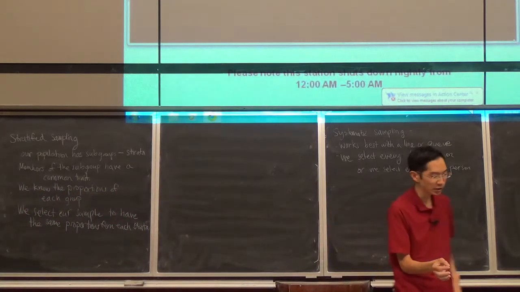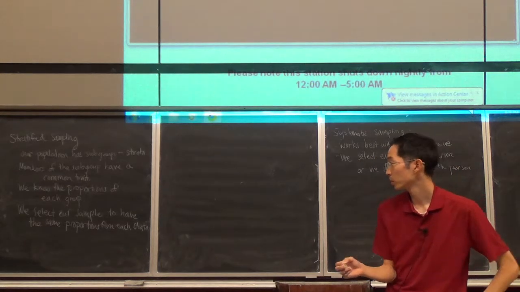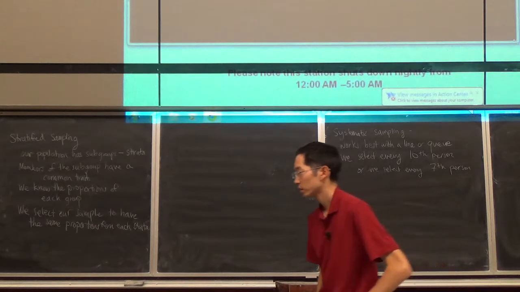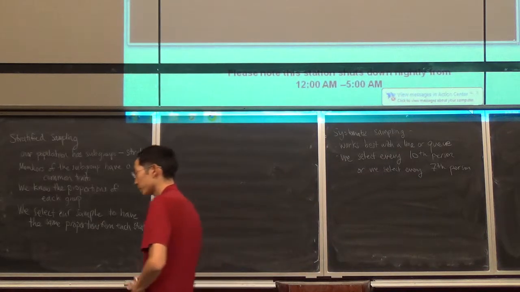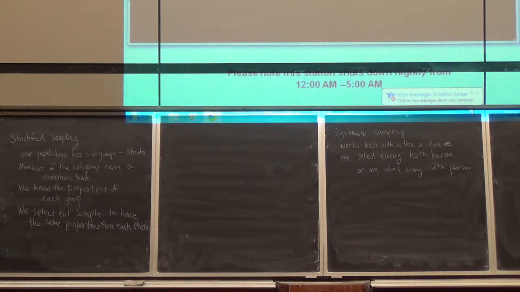So, for example, maybe you go to a school, and this school happens to be 60% female, 40% male. When you select a sample, you want to make sure that your sample is also 60% female and 40% male.